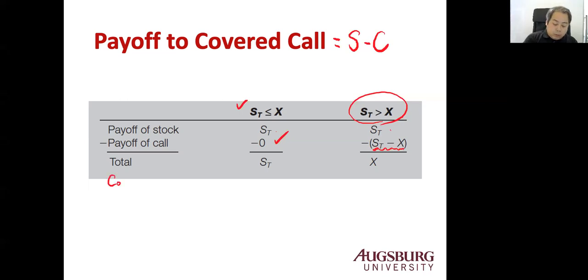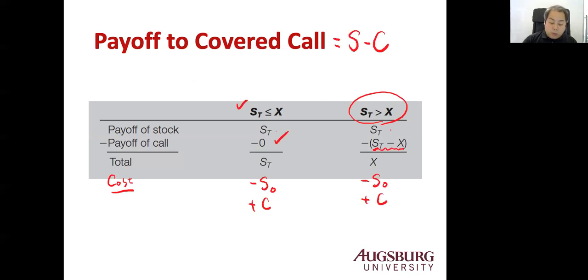So the total cost: you buy the stock, say at S0, which is the price when you buy, and then you receive the call premium because you sell the call option.